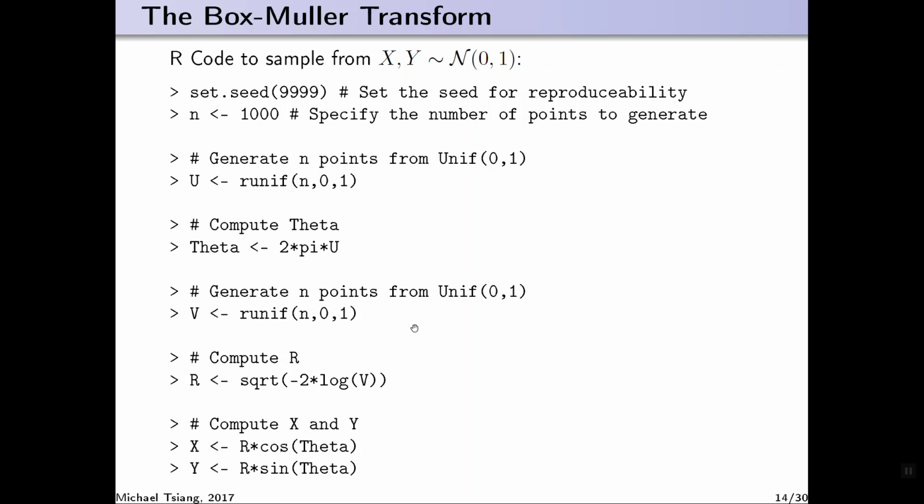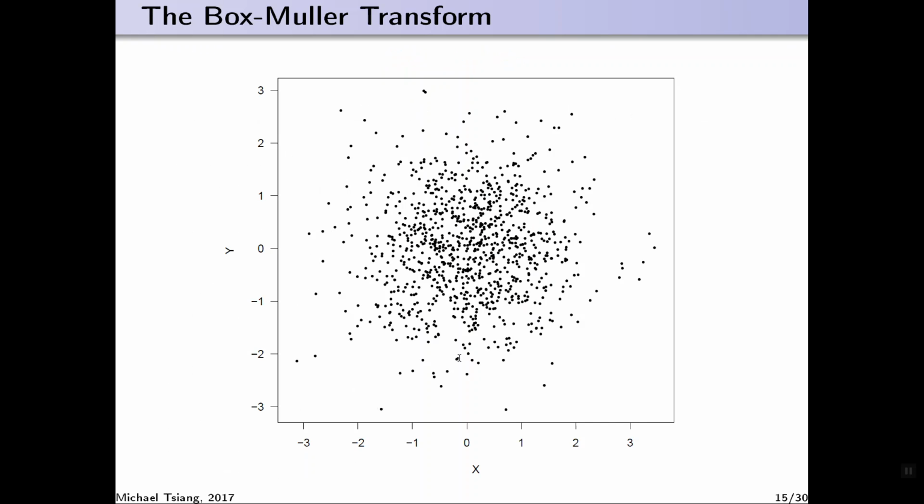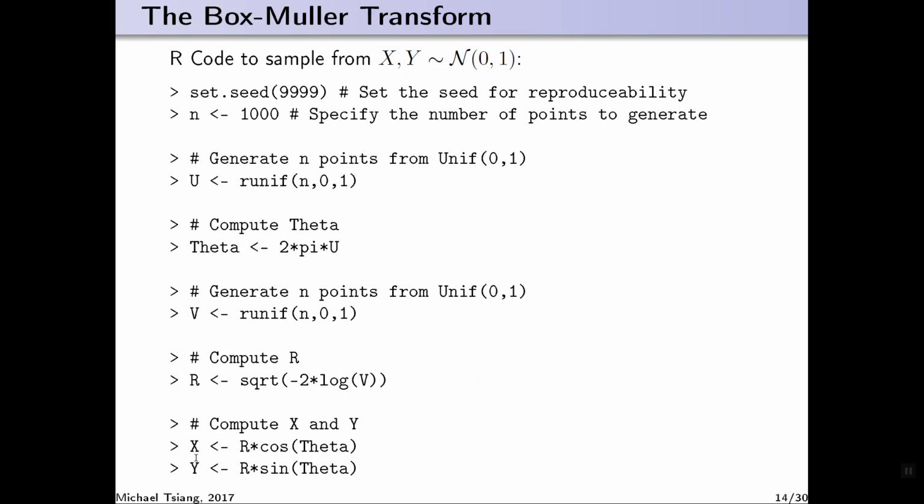So we're going to get two random normals, and we can plot this out, and there is your bivariate random normal distribution covering x and y. And if you just wanted one thing, you can just append x and y together, and you'll have standard normal random values.